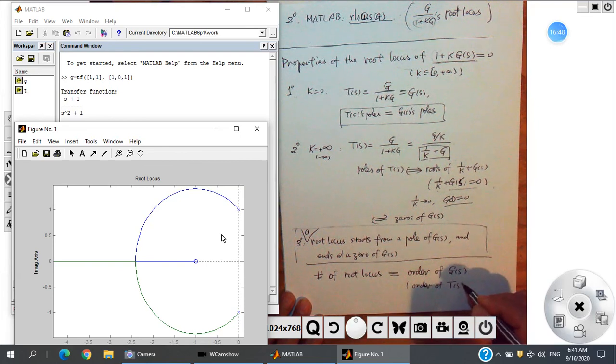These two have the same order. The order contains both the numerator and denominator. If g has more roots, more poles, then you have that many root loci. They will be the same. And if they have more zeros, then you also have the same thing.